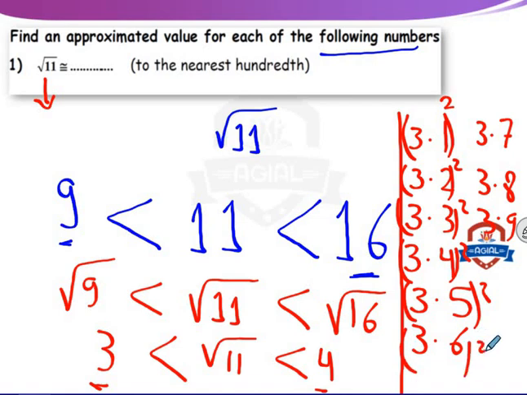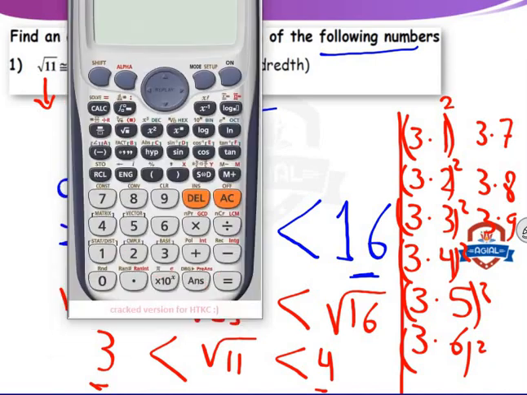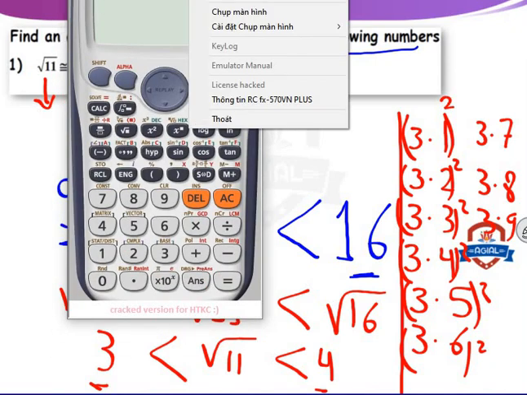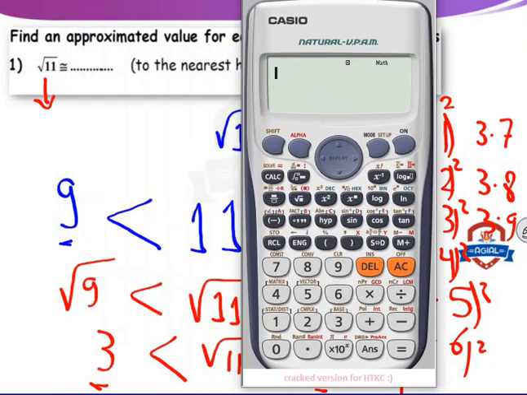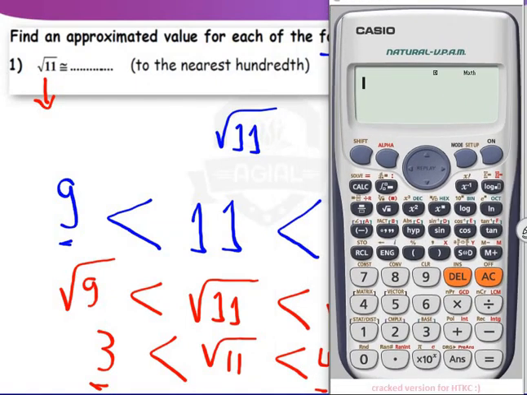And find the approximated value here, or use the calculator. This is the symbol of square root, and write 11.